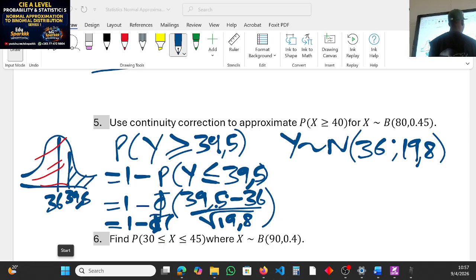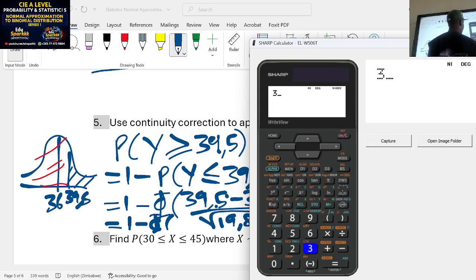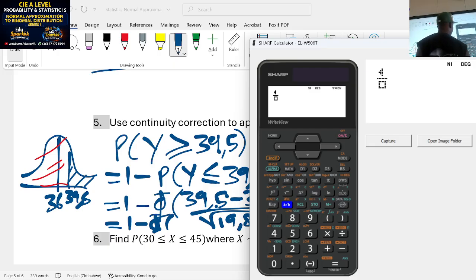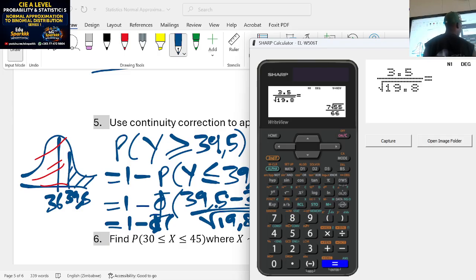It's going to be 39.5 minus 36, it gives us 3.5. So if I bring my fraction here, 3.5, and then I go to the denominator there is a root of 19.8.